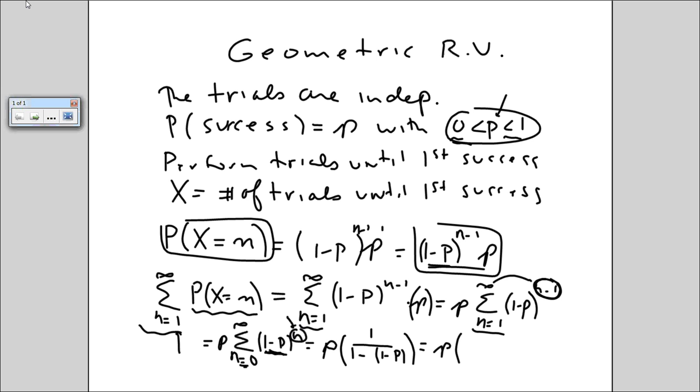So p times 1 over, now what's in that denominator is p. 1, 1 take away 1 is 0. And then you take away negative p. That is, you add p. 0 plus p is p. And yep, this is good old 1. So it is valid. Okay, let us try some problems.